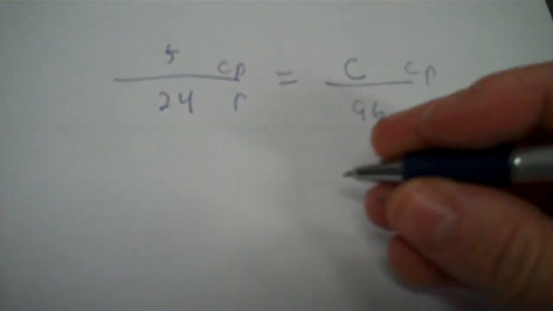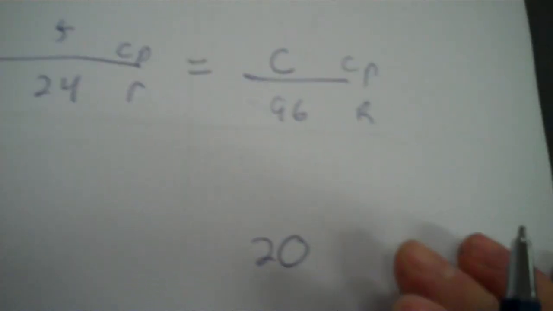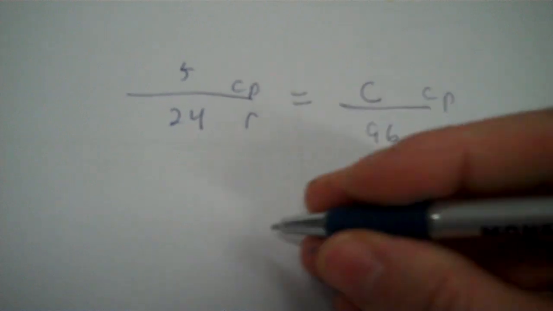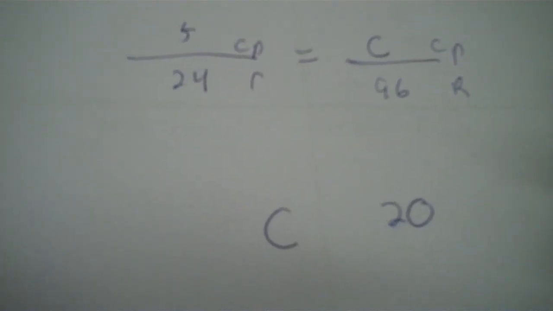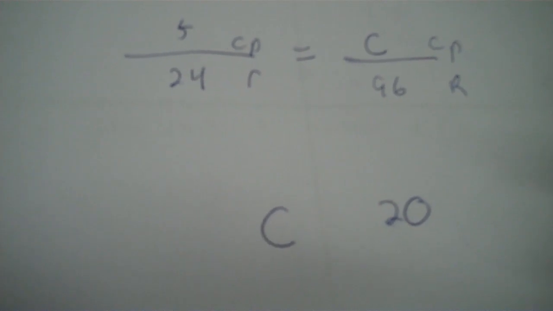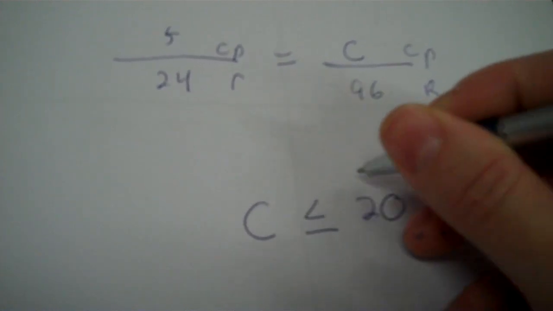I got 20. So I put 20 down, but here's how you write the inequality. You put C, and you can't make more than 20 centerpieces because you only have 96 roses. You don't have any more than that, so it's less than or equal to 20. So it's like you're solving a proportion, but you're writing your answer as an inequality.